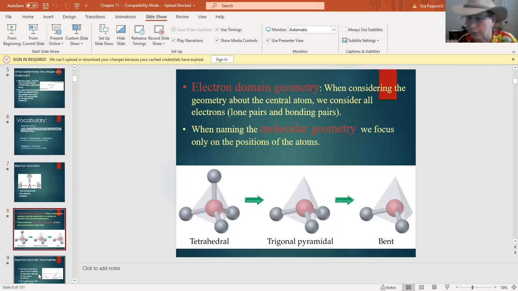In a molecular geometry, I can tell you what the shape of the molecule is based only upon its atoms. So electron domain geometry will tell you the overall shape of the molecule. Molecular geometry only goes for the shape according to the atoms which are around the center atom.